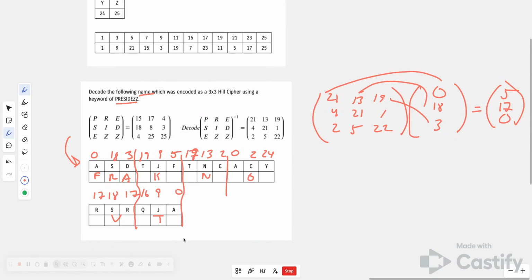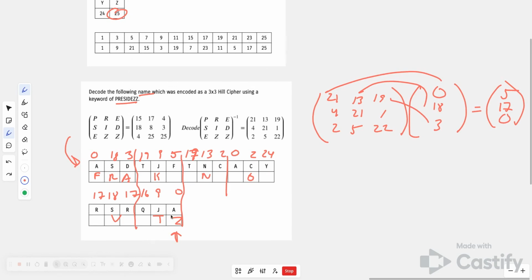Also, just to illustrate a point, for this last group of 3, 16, 9, and 0, this last letter is actually Z. Typically, once you do the calculations, you're going to get that this last letter is Z. If the plain text isn't long enough to fill the groups of 3 or groups of 2, which could also happen in a 2 by 2 cipher, they're going to end the cipher with enough Z's to make the total amount of letters a multiple of 3.